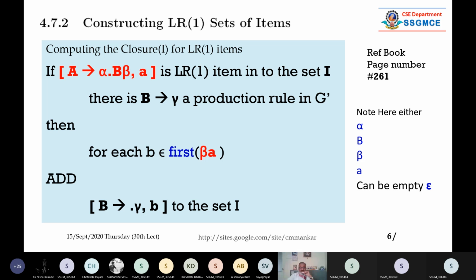We have to understand what is alpha, what is capital B, what is beta, and what is a in the given LR1 item. Depending on that, we have to concatenate beta and a together. Sometimes beta can be empty or epsilon. And we have to take the first of this. So first is an algorithm. And we have to add this small b as a lookahead into the newly inserted production rule.